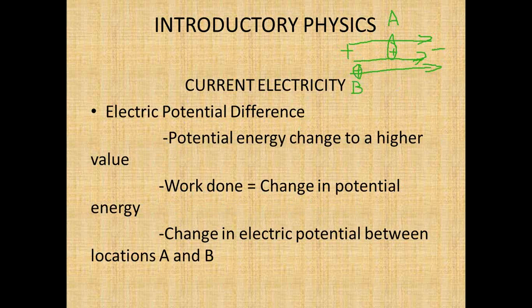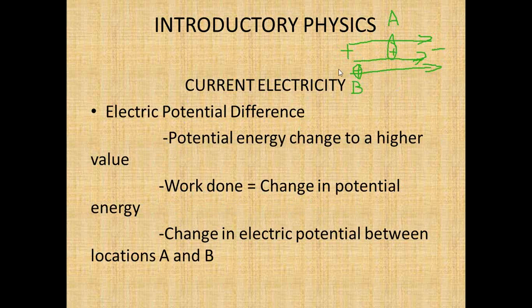Okay, it's like the car is moving up the hill. At a certain height, the car is going to have different potential energy. The greater the height, the greater the potential energy.